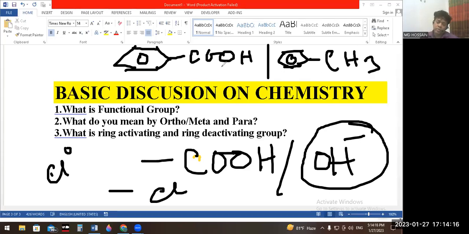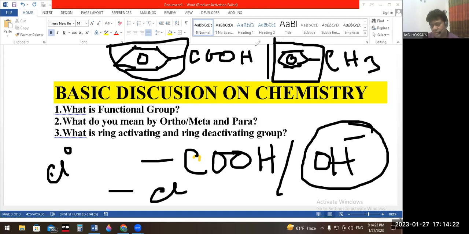So this portion of this molecule and this portion of this molecule are the same.